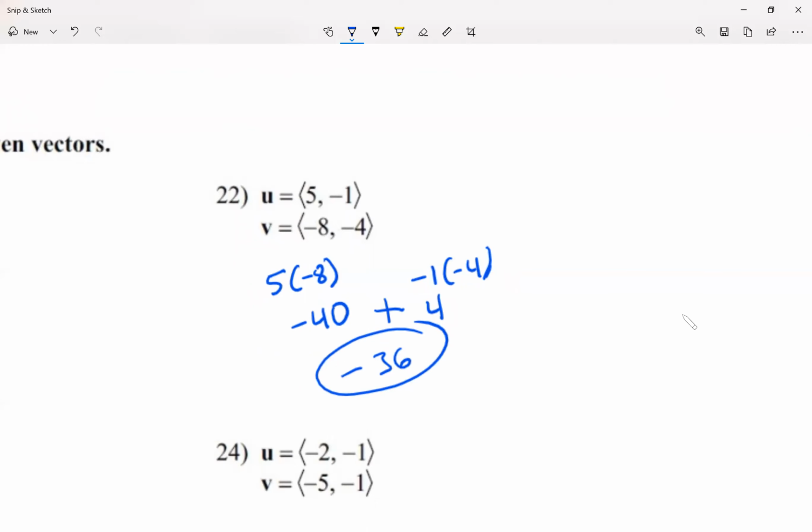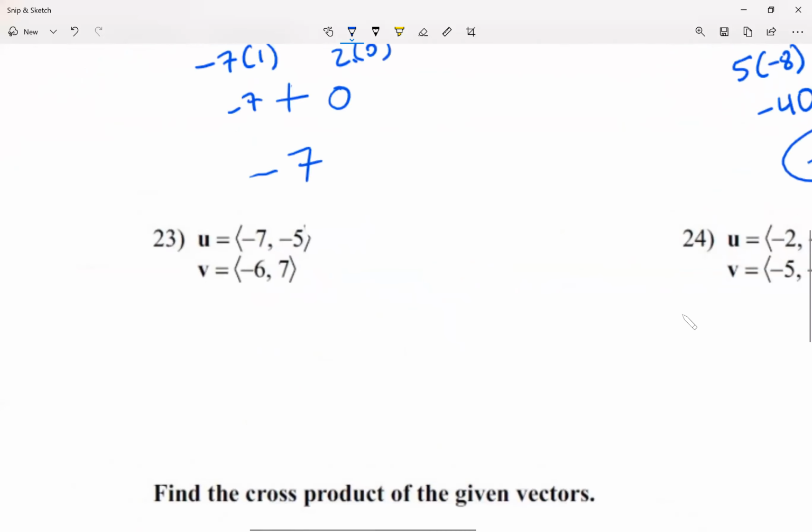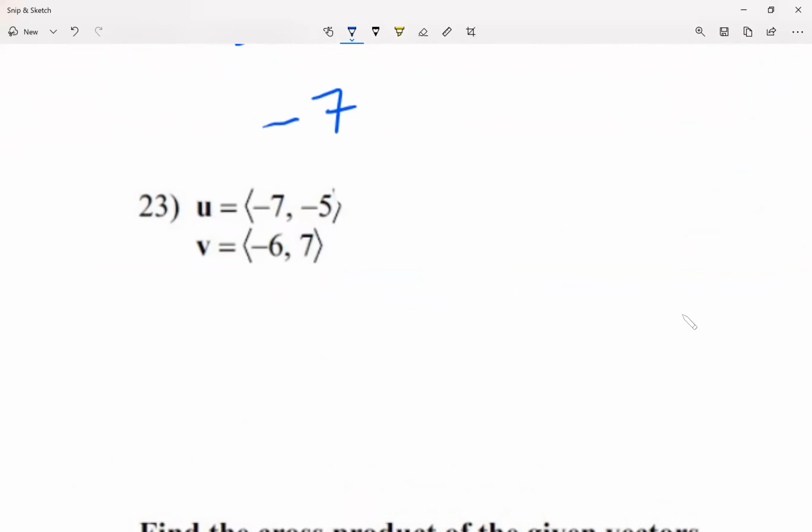All right, hopefully you're seeing that it's not too complicated. Looking at question number 23, the first values: -7 times -6, and then -5 times 7. I know -7 times -6 is +42, and -5 times +7 is -35.